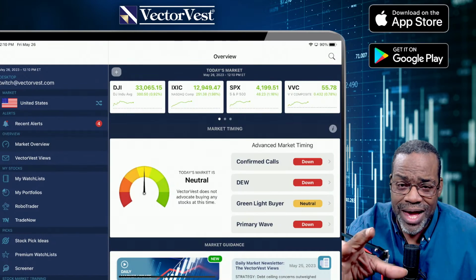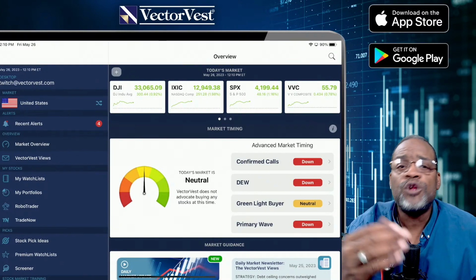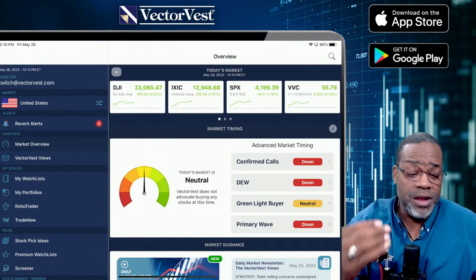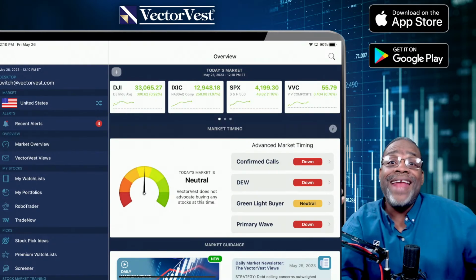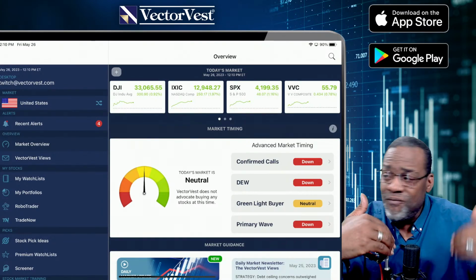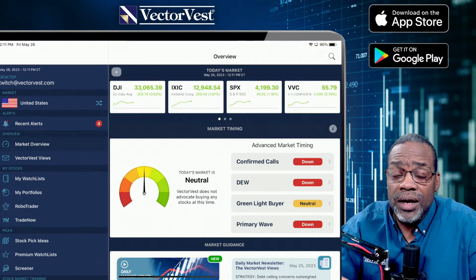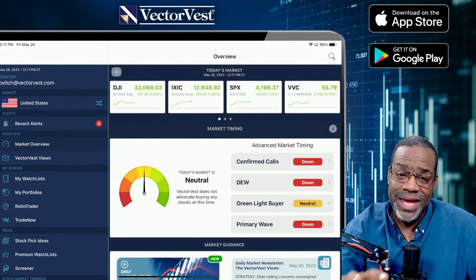The reason why I say that is that even though all of the calls are down or neutral, today the market is giving you an opportunity to step into the market. Now, with the information today, I am not backing up the truck and going long in the market, especially with all of the other calls being down.